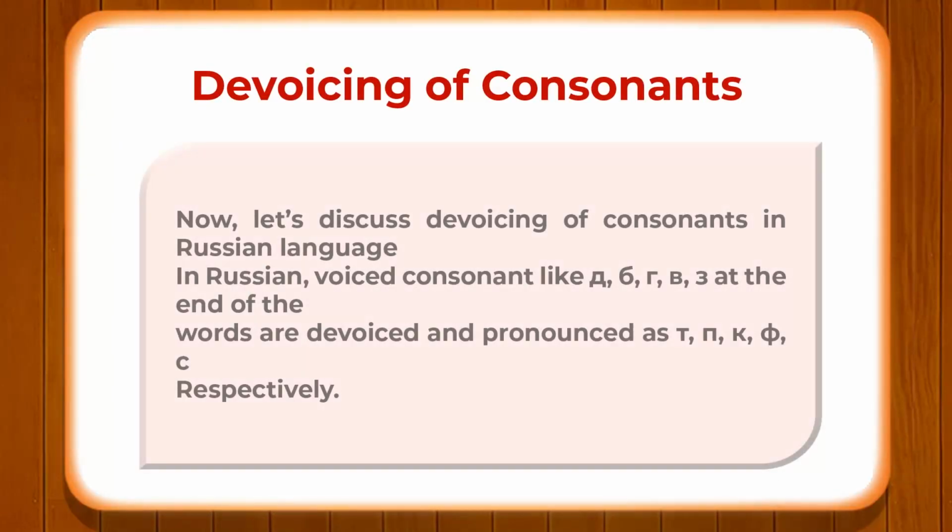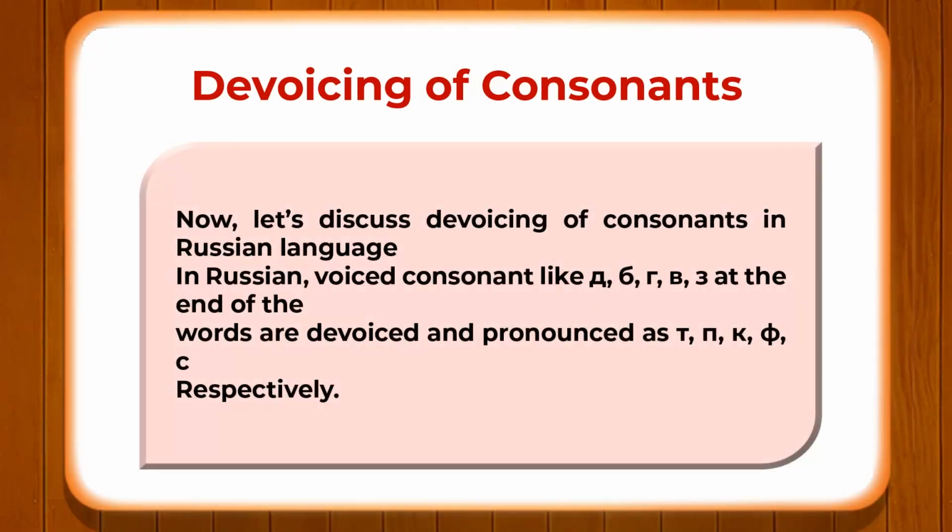Now, we are going to venture into the basic concept which we started in our module, voicing and devoicing. So, the devoicing of consonants, we will discuss about it in the Russian language. In Russian, there are certain voiced consonants like de, be, ge, ve, ze.